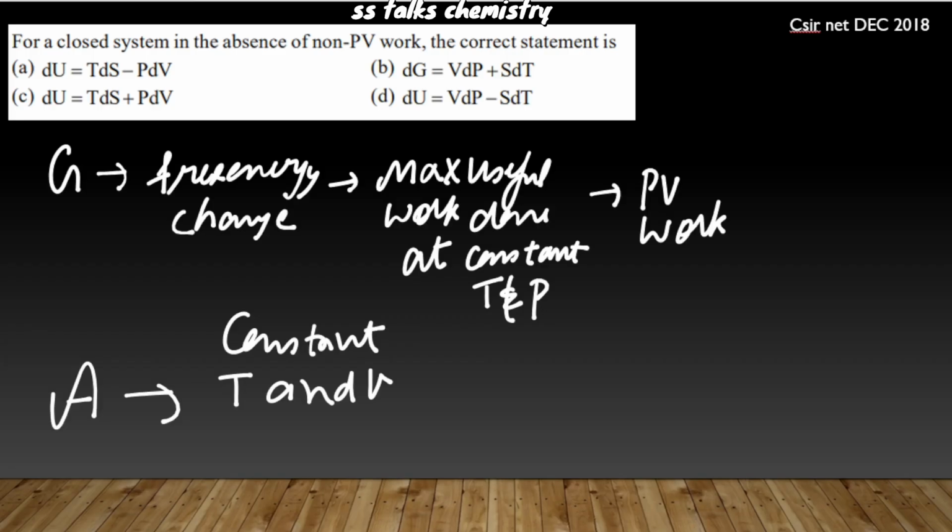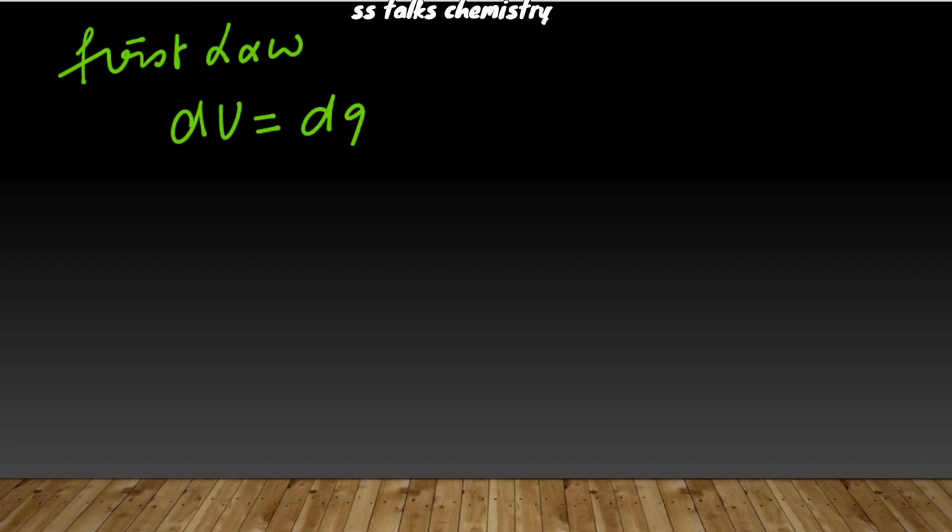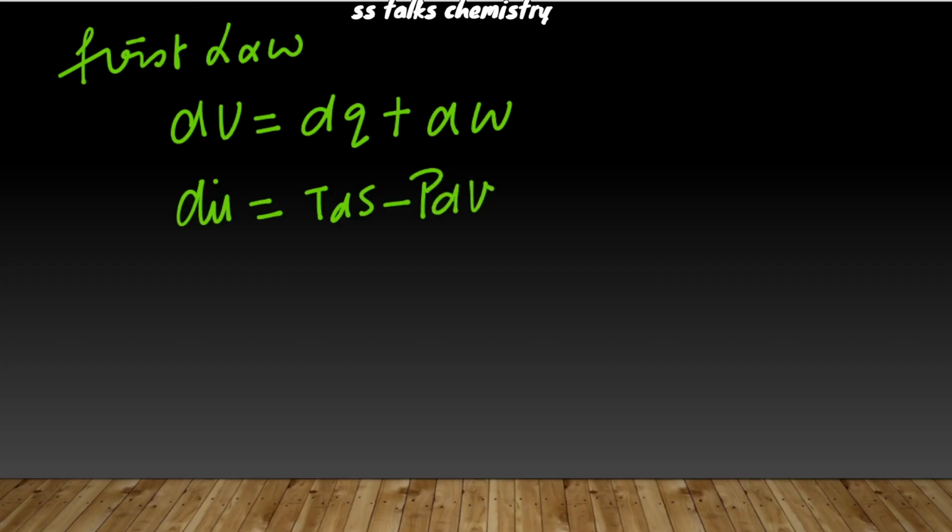Okay, now we have to find the non-PV work. Before this, the work that you do is in terms of the internal energies. As per the first law, we know that dU is equal to dq plus dw. We can replace dq with TdS, and dw is minus PdV.